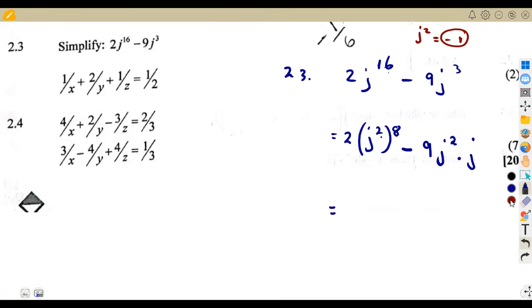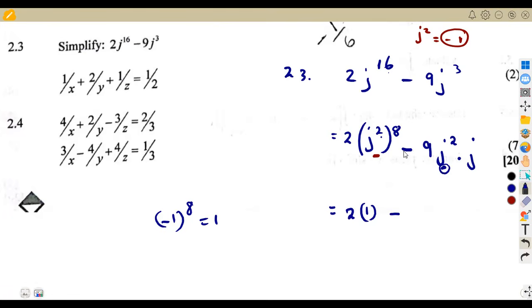Once we have a j squared, it is fine, because j squared represents minus 1. So here we are going to have 2 into negative 1 squared, negative 1 to the exponent of 8. And we know that negative 1 to the exponent of an even number is positive. So it's going to be 2 times 1, minus j squared.